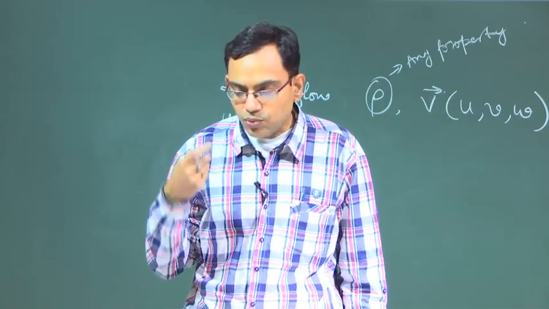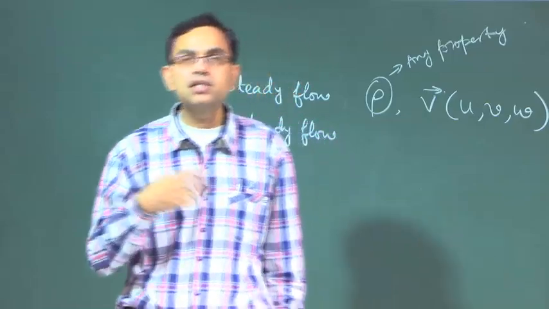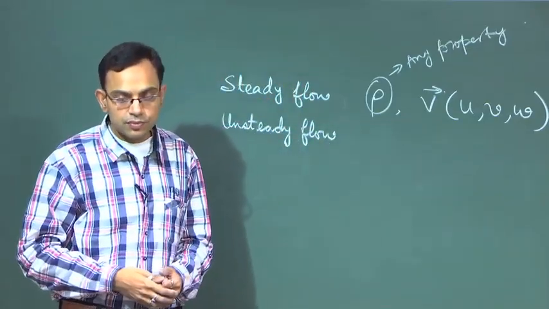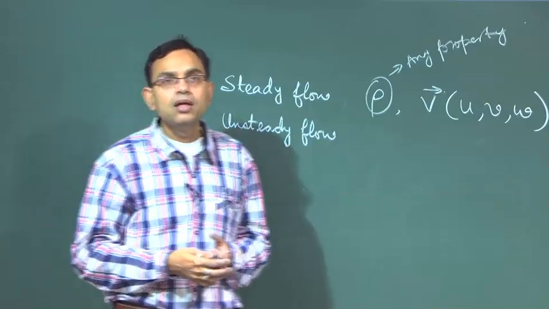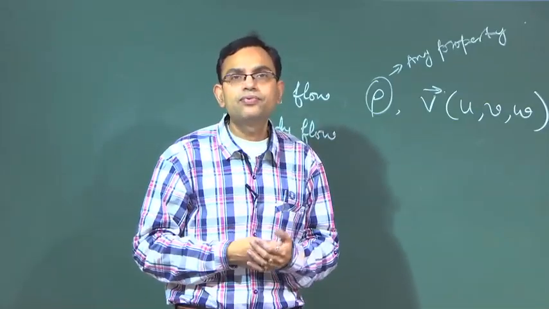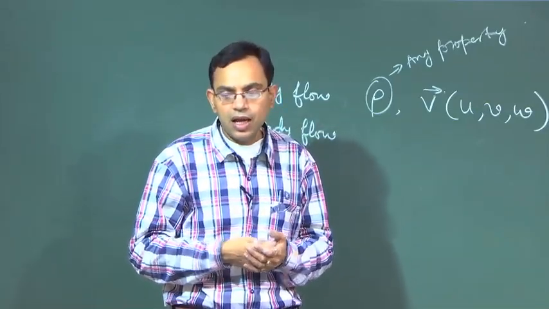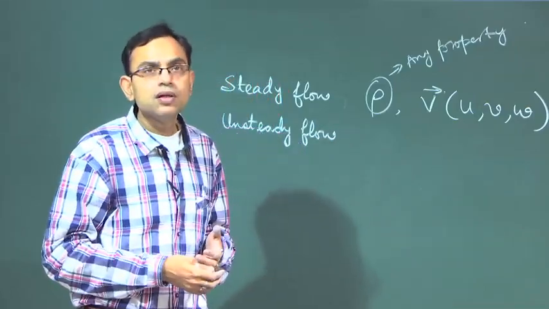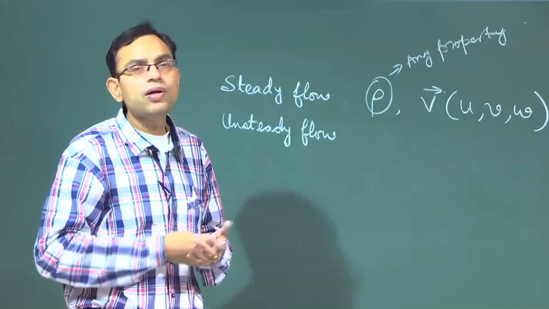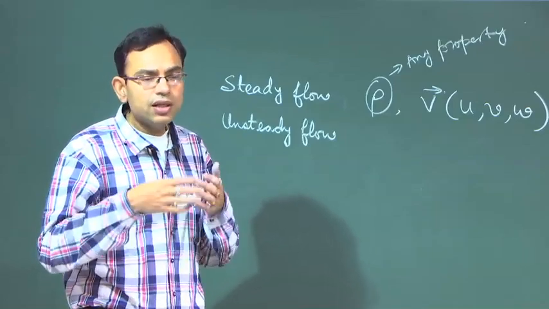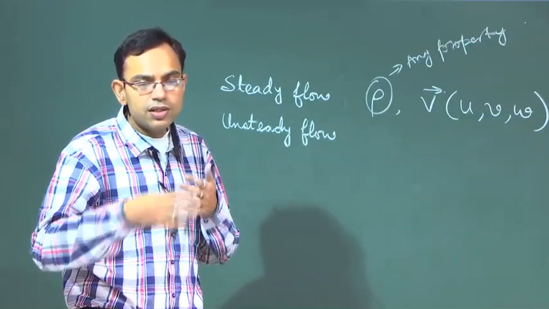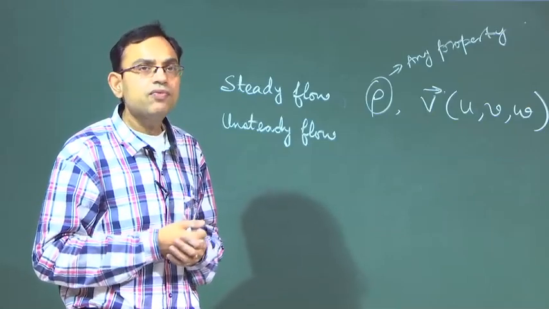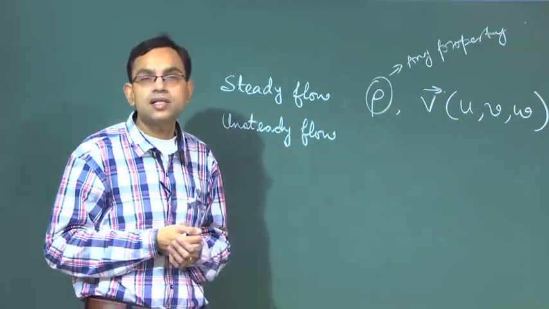So what we have learned from this is that steady or unsteady depends on the choice of the reference frame, and it is possible that you make a transformation of the reference frame and convert an unsteady flow into a steady flow by using a reference frame which is moving with a uniform velocity. This type of transformation is called the Galilean transformation.